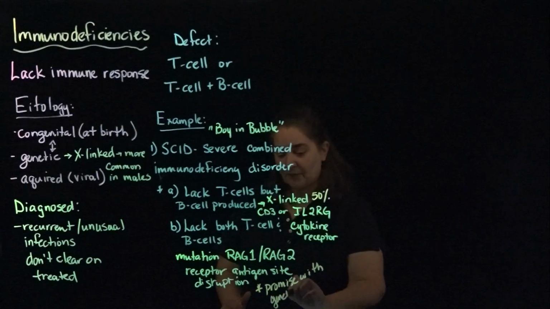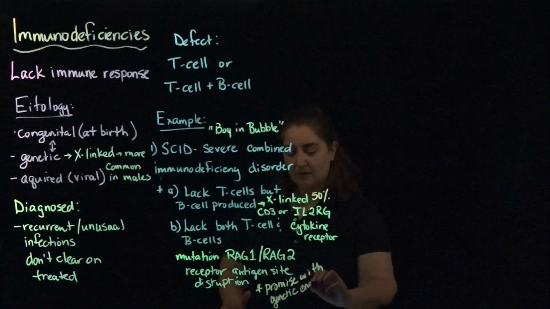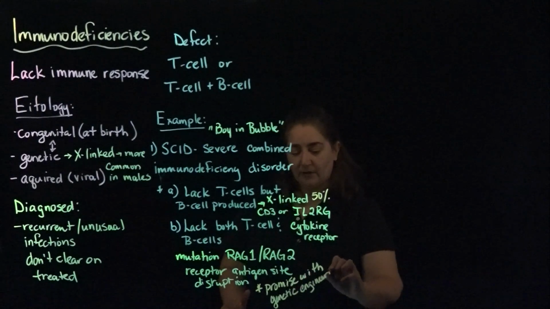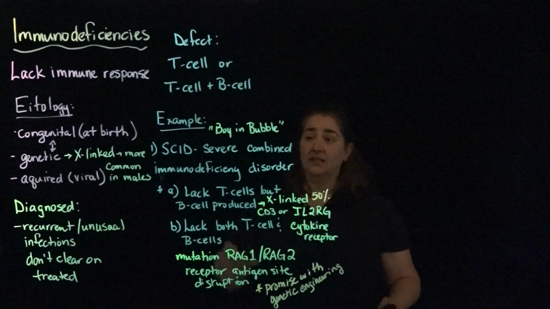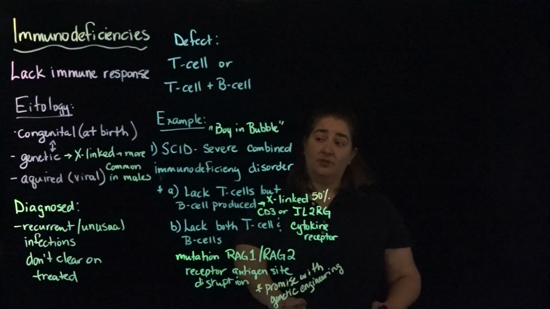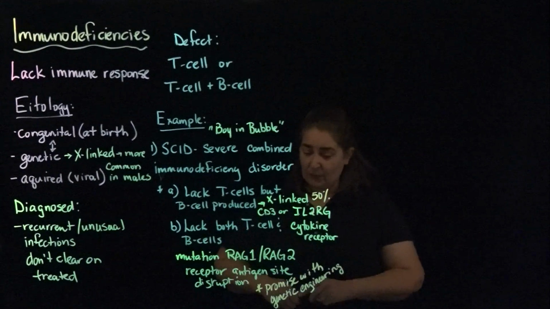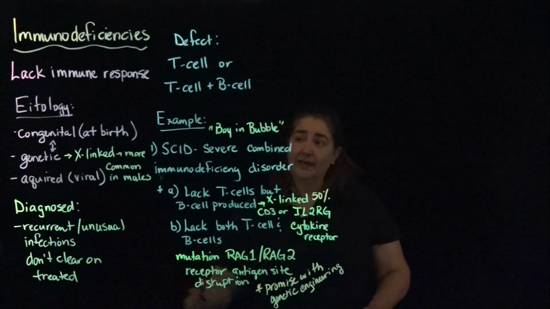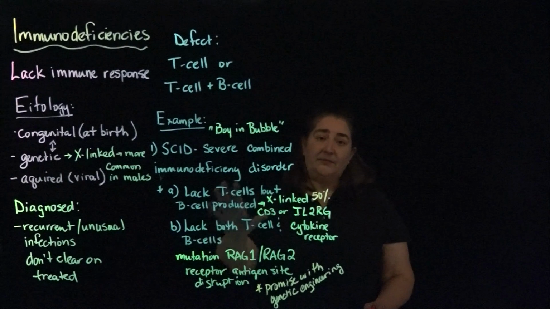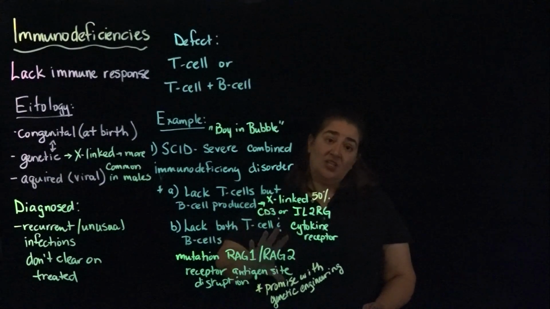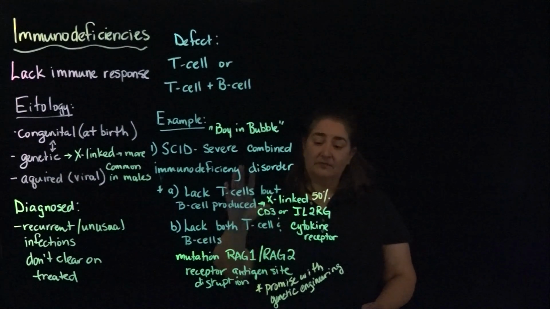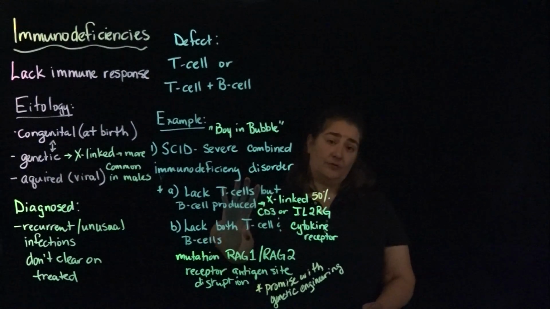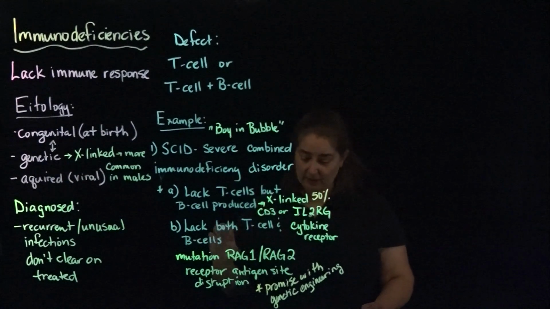There is some promise with SCID now and genetic engineering because we know what genes are involved, so the individual can be given a genetically engineered version of the gene to make up for this deficiency, okay?